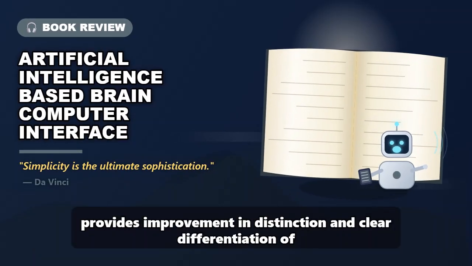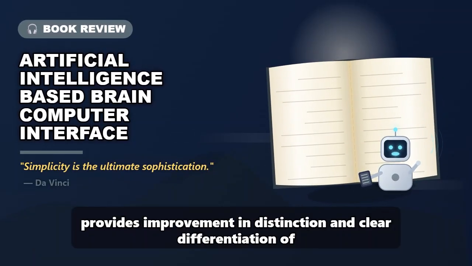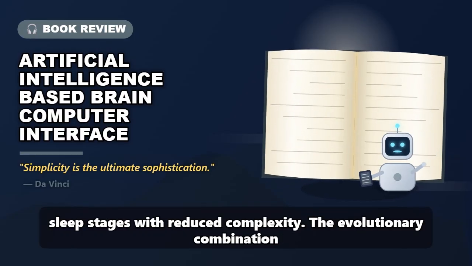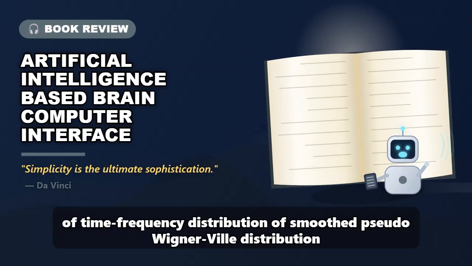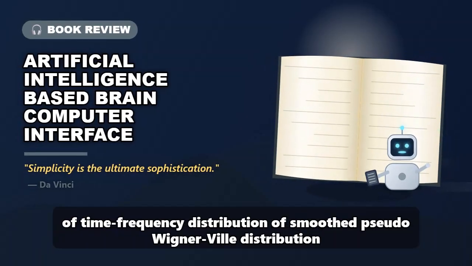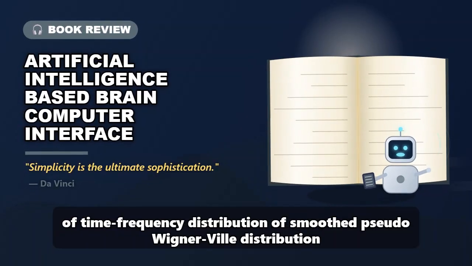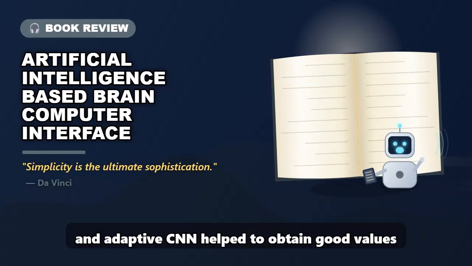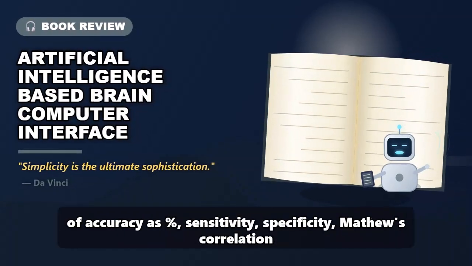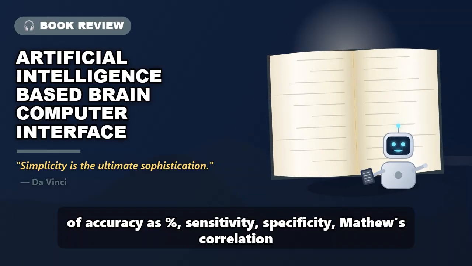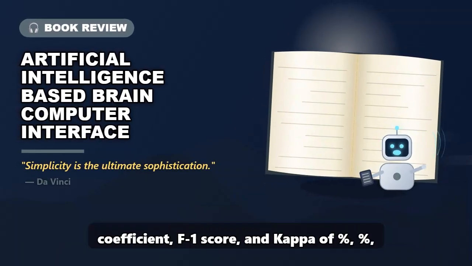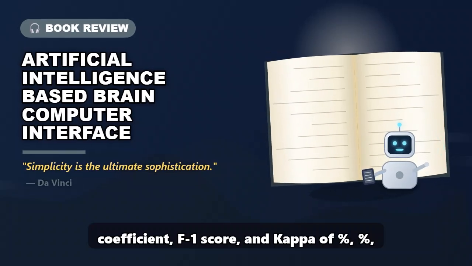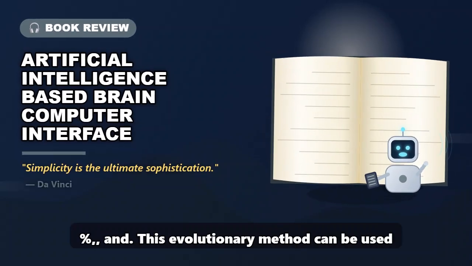The adaptive CNN provides improvement in distinction and clear differentiation of sleep stages with reduced complexity. The evolutionary combination of time-frequency distribution of smooth pseudo-Wigner-Ville distribution and adaptive CNN helped to obtain good values of accuracy as percent, sensitivity, specificity, Matthews correlation coefficient, F1 score, and kappa of percent, and.